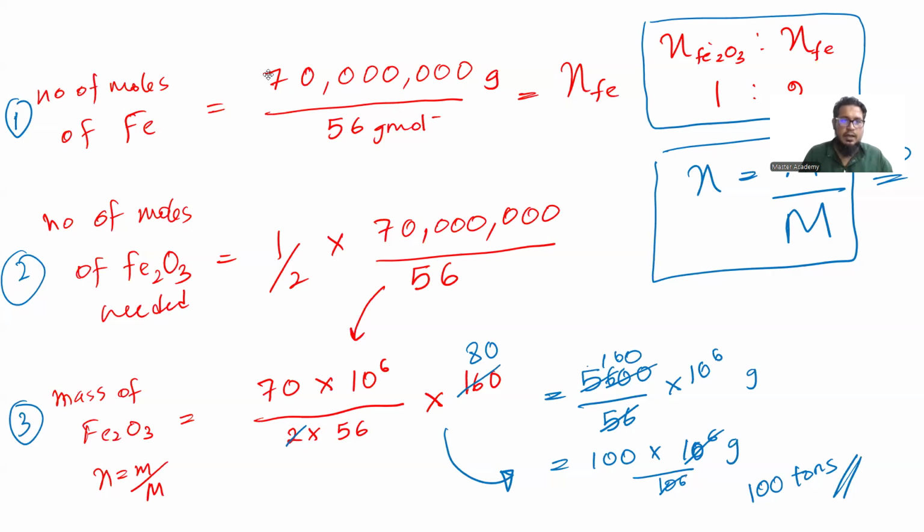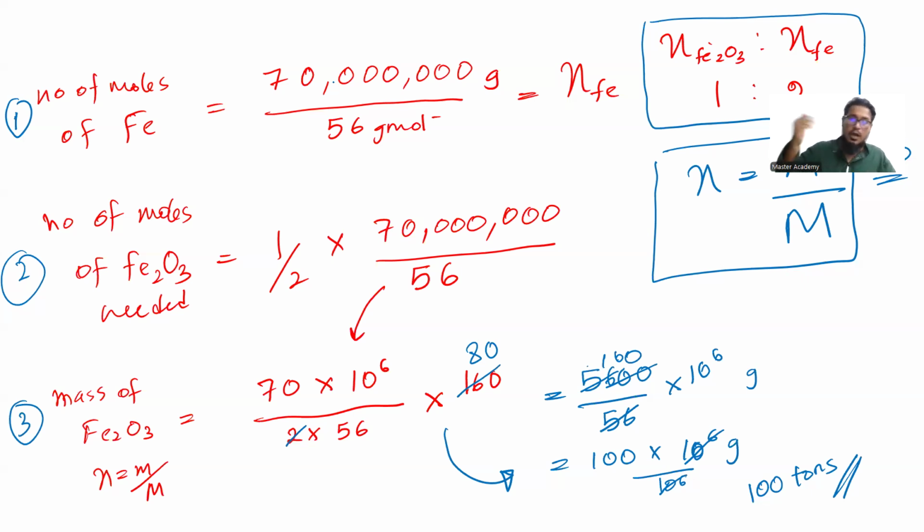Carbon monoxide actually causes problems in the lower environment, if we breathe it. But in this process, most of the carbon monoxide is used up to convert the Fe2O3 to Fe, so it's not released that much.